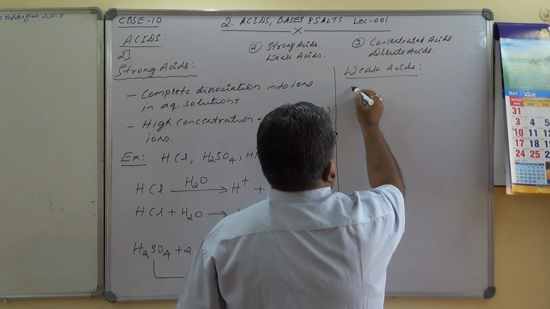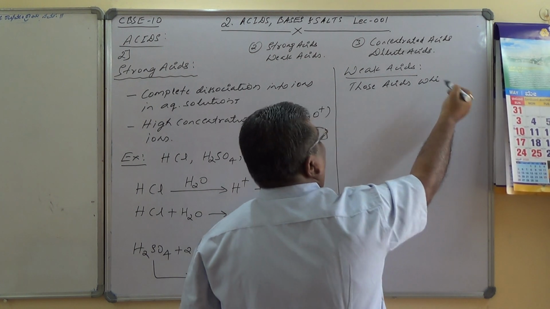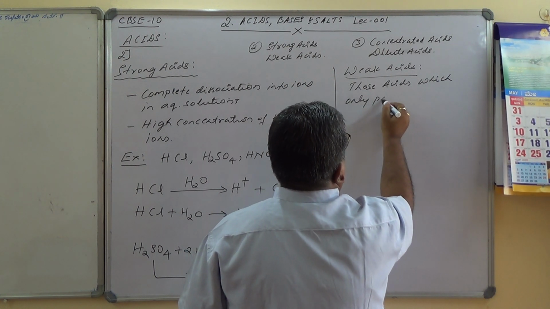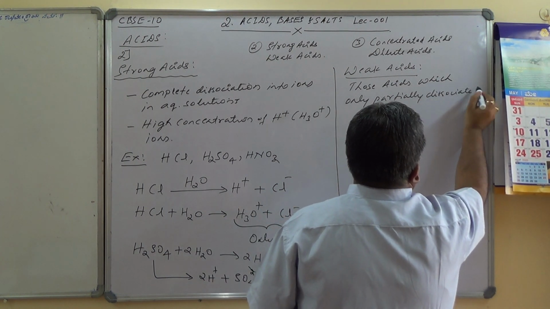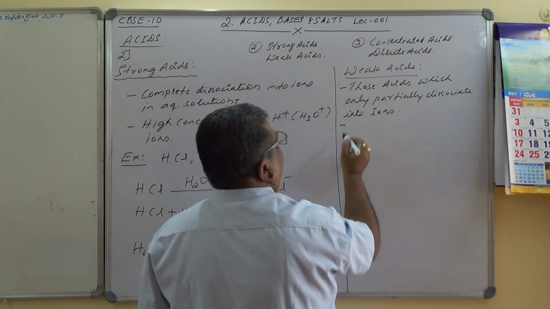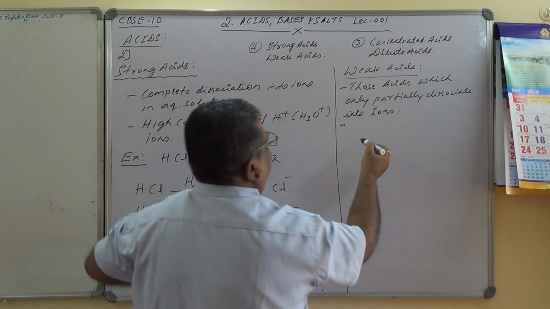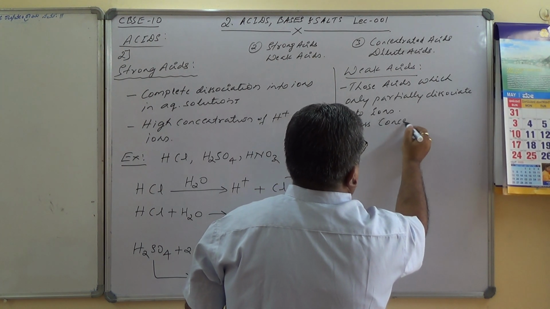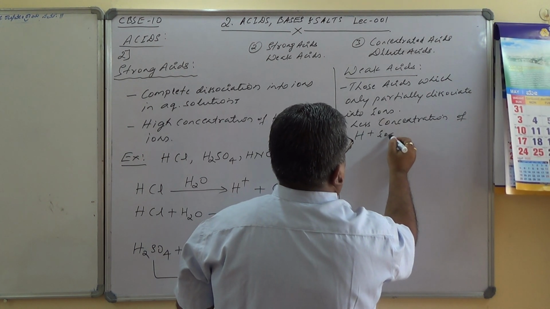So weak acids are those acids which dissociate into ions only partially, and thereby they produce a lower concentration of H plus ions, compared with the high concentration in the case of strong acids.